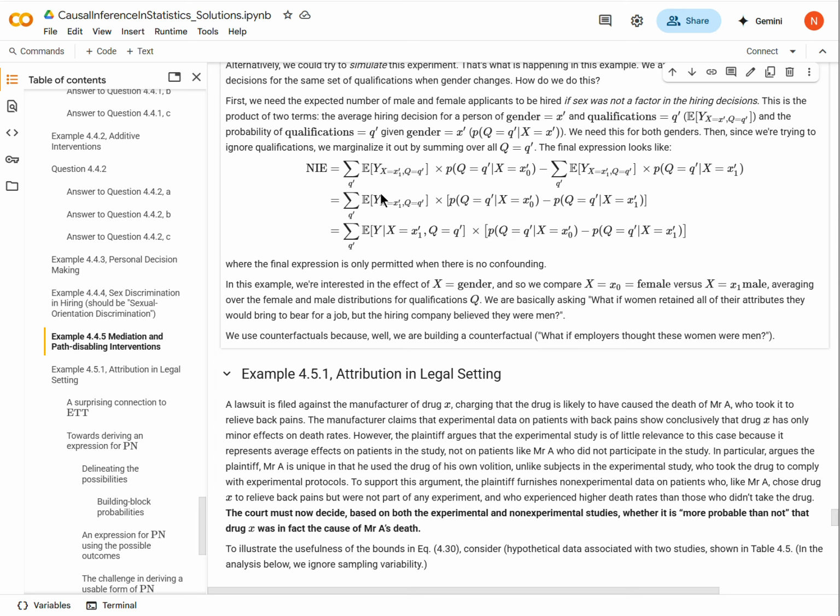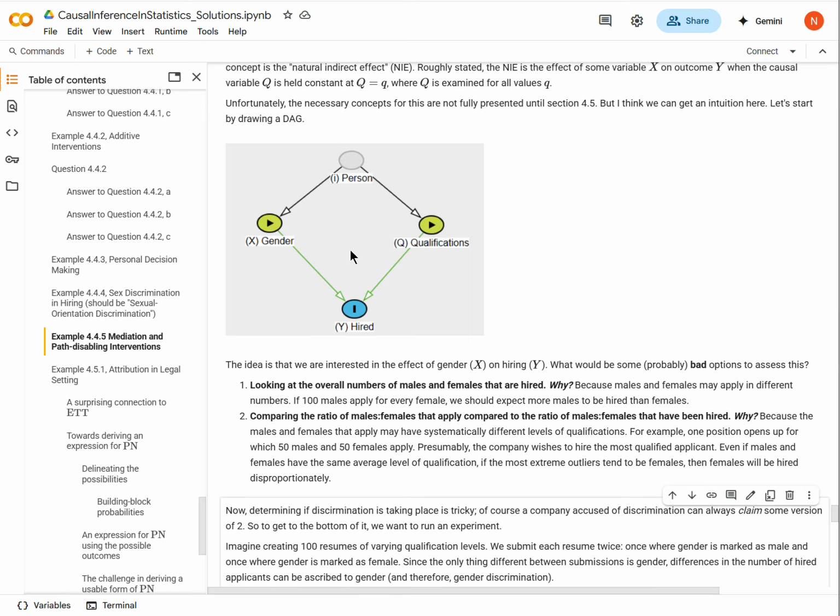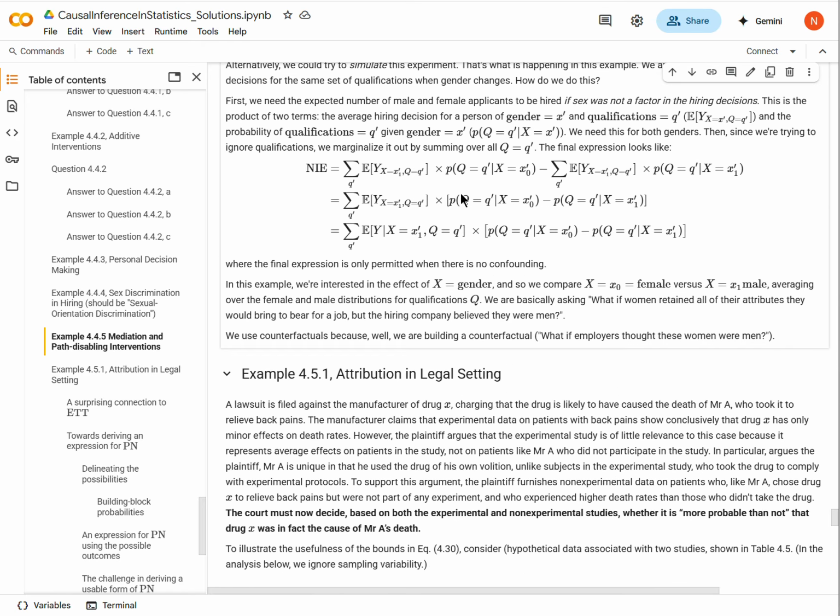And then under some assumptions, where there is no confounding in our DAG here, we can rewrite that without the counterfactual expressions, just with observational data, right here. Okay. So that is a good first pass at the NIE.